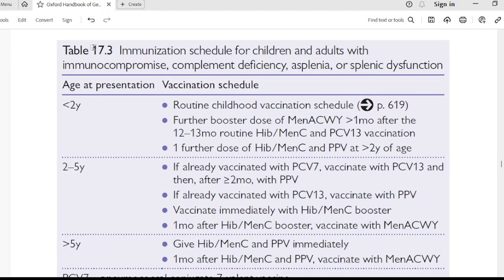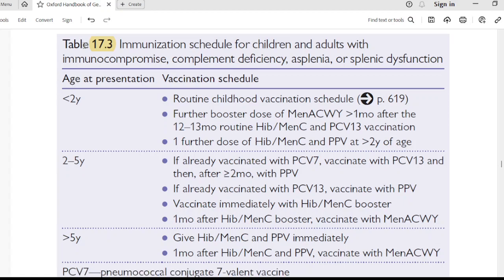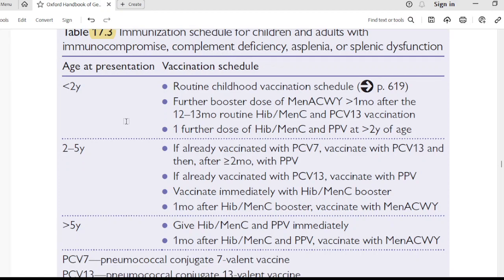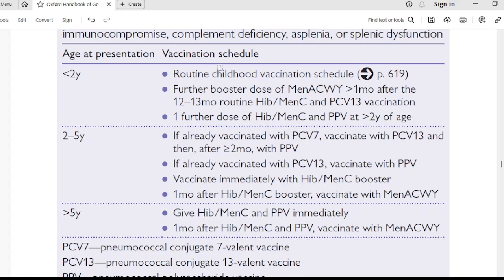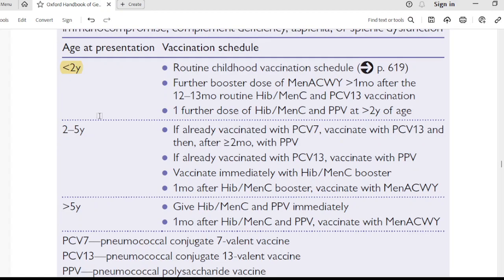Table 17.3. Immunization schedule for children and adults with immunocompromise, complement deficiency, asplenia or splenic dysfunction. At presentation, vaccination schedule. Less than 2 years at presentation: routine childhood vaccination schedule.